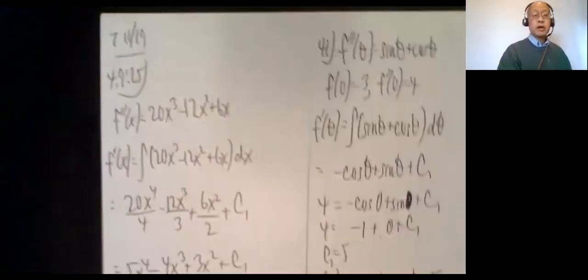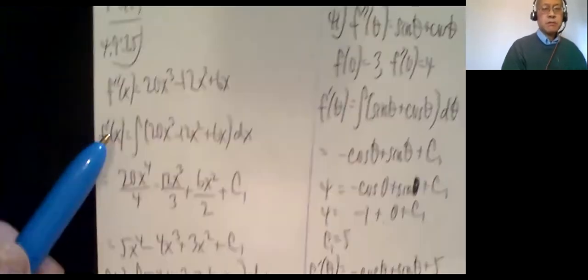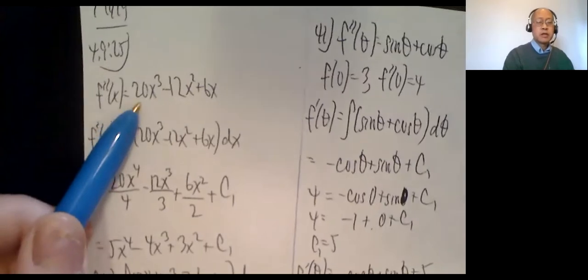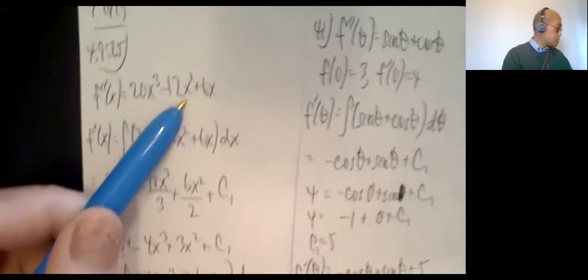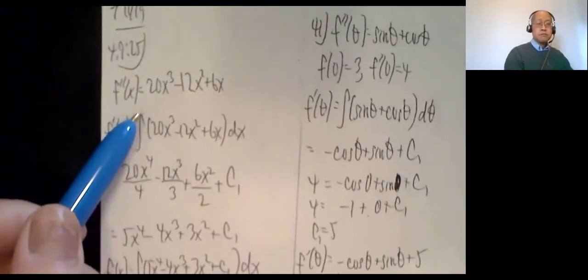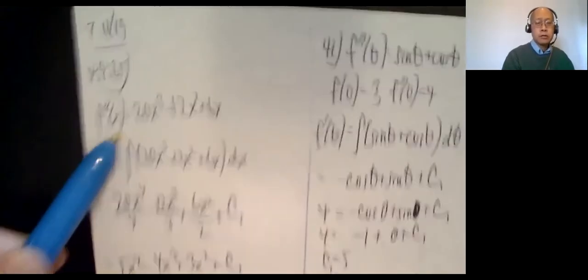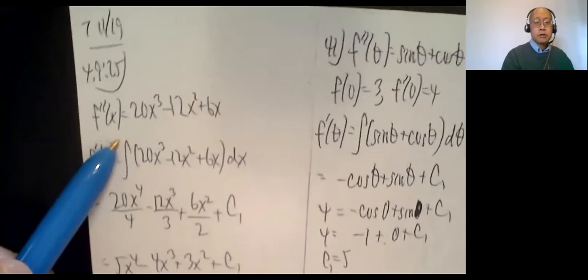So we did some last time and we're going to do many more. Problem 25 in 4.9 says f double prime is 20x cubed minus 12x squared plus 6x. Notice we're going backwards from what we've been doing all along, so you have to be careful.